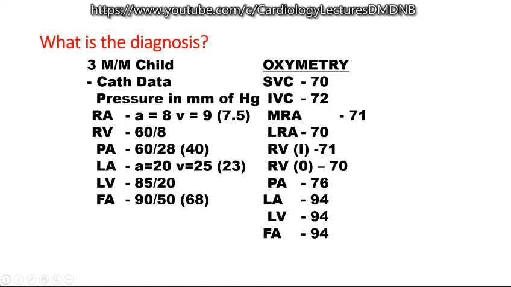Do you think that this child is having such a problem? Yes, sir. Left atrial pressure is high, sir. Sir, there may be stenosis of the pulmonary vein. No, but this patient is having a step up at the pulmonary artery level. What are the conditions where you can get a step up at the pulmonary artery level?